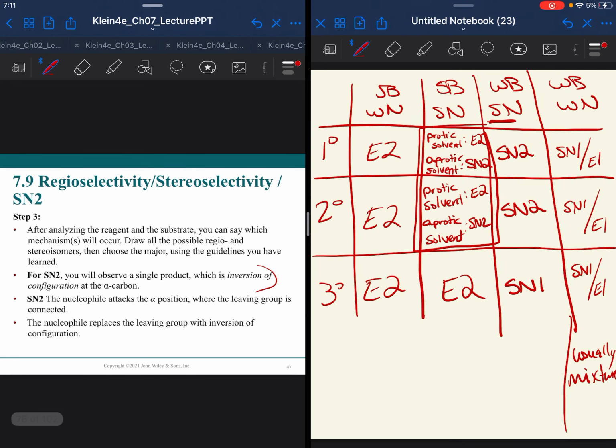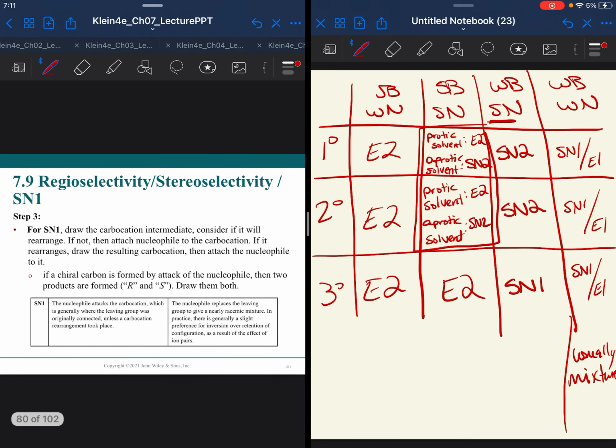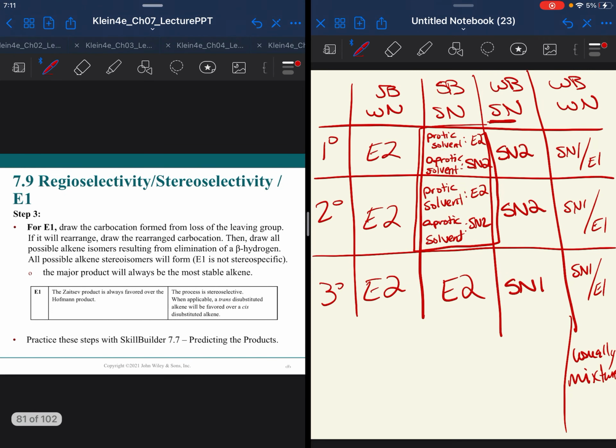After you have decided which of these 12 boxes you fall into, then you are going to ask yourself, okay, stereochemistry concerns, regiochemistry concerns. For SN2, you would have inversion of configuration. For E2, you have Zaitsev or Hoffman, depending on the base. SN1, you get a mixture, and E1, you typically get the Zaitsev elimination product.